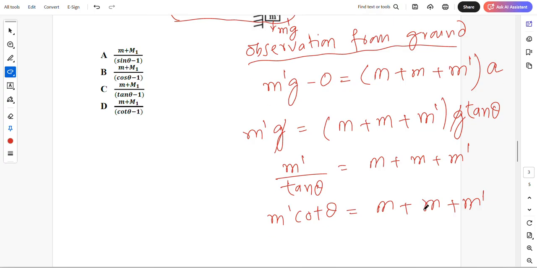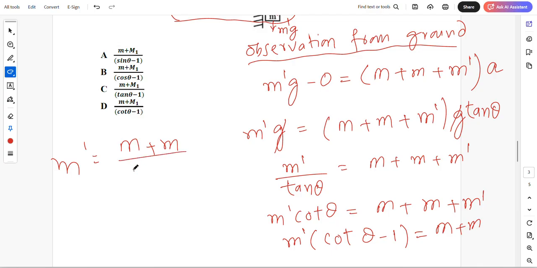M dash cot theta is equal to M plus small m plus M dash. Now I can take M dash as common, and this M dash will come on the left hand side. Simplify: M dash will be equal to (capital M plus small m) divided by (cot theta minus 1). Understood?